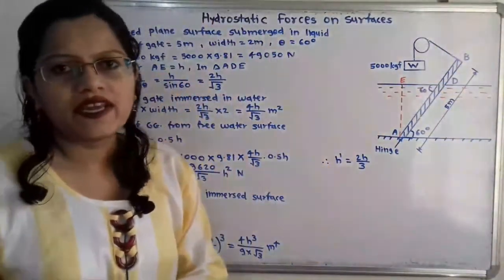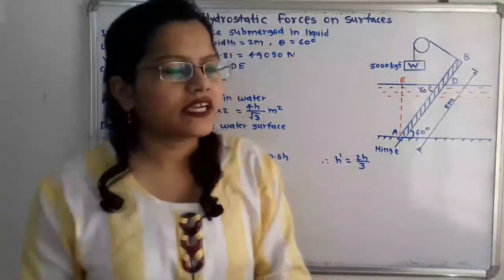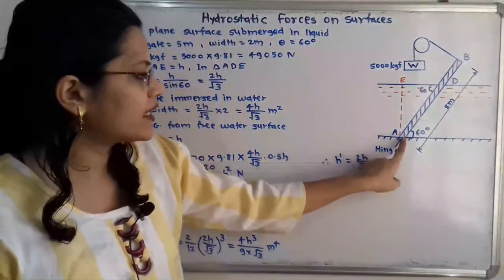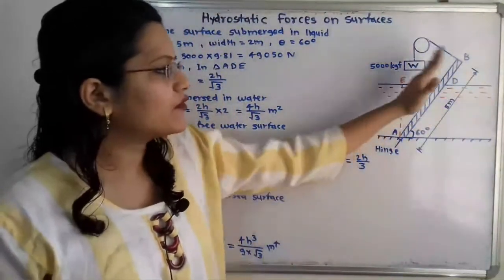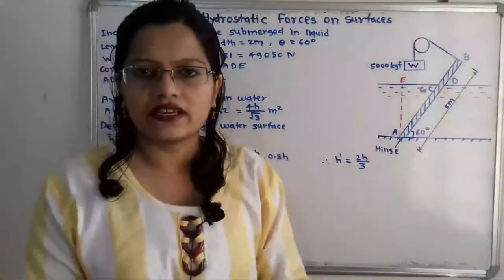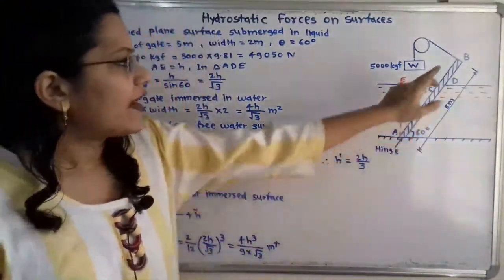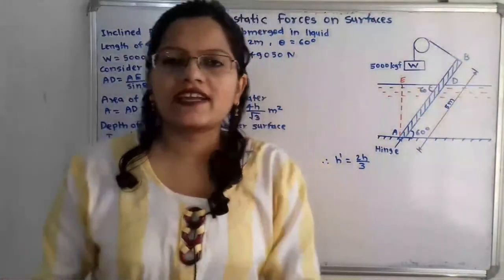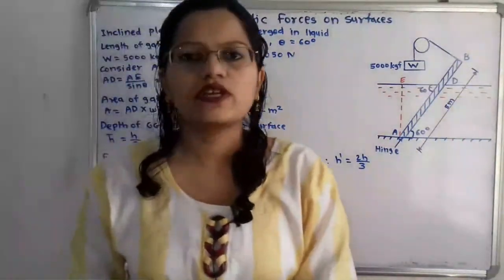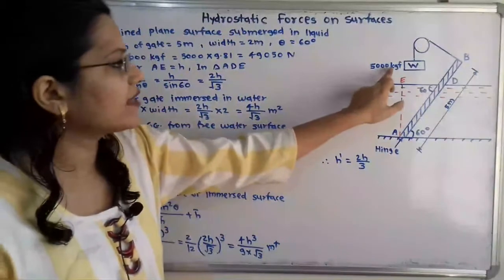One end of the gate, at the bottom, is hinged. So at point A, the hinge is there about which the gate is moving in this direction. At point B, weight is attached through the pulley. The weight given is 5000 kgf.